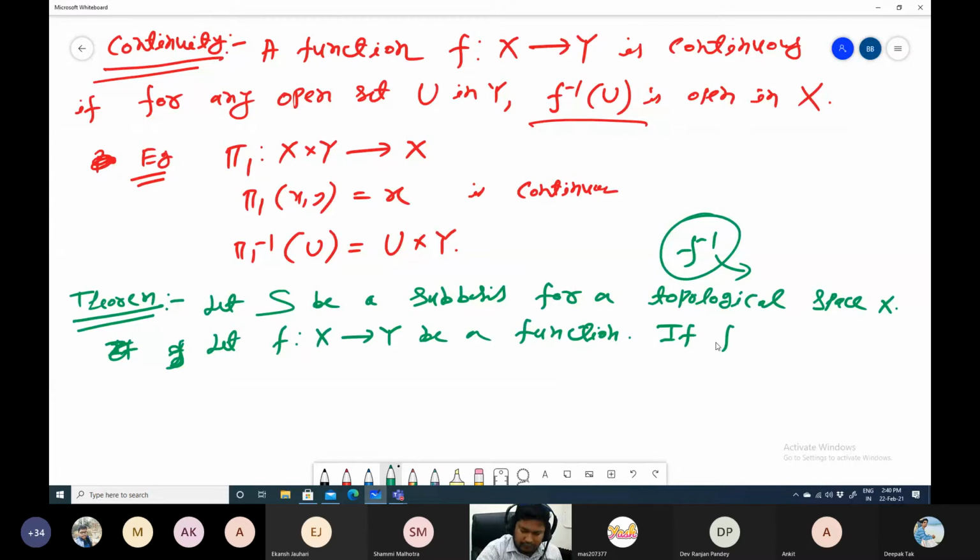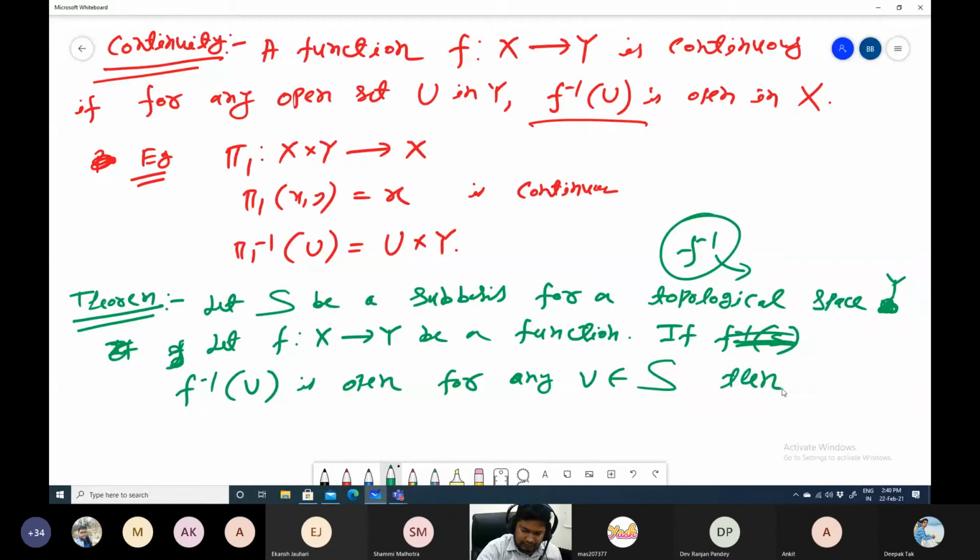Now if f inverse U is open for any U belongs to that S, then f is continuous.